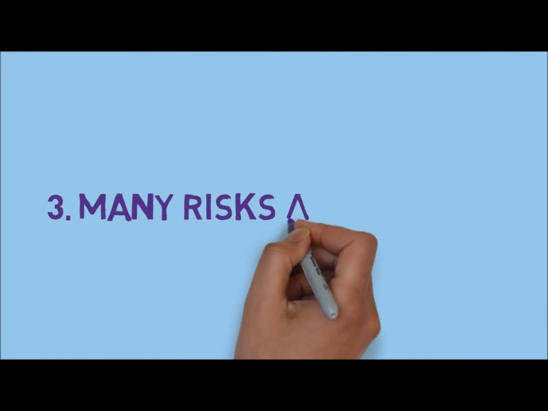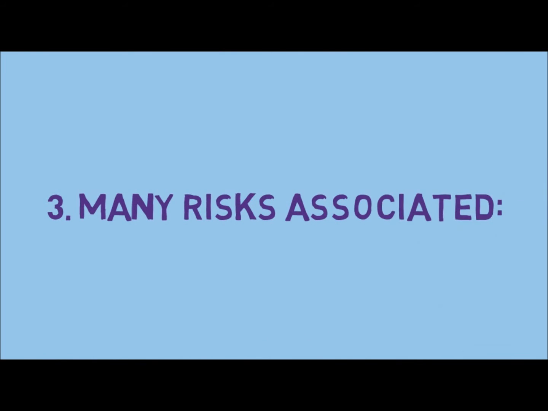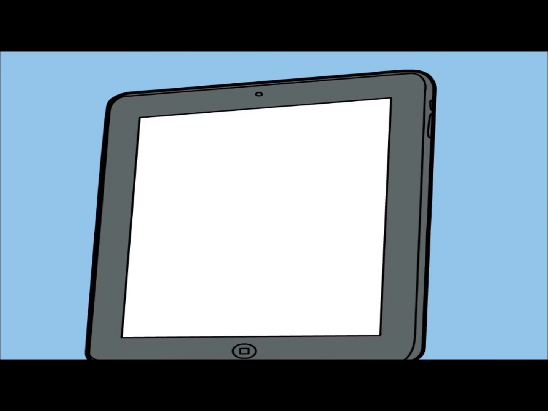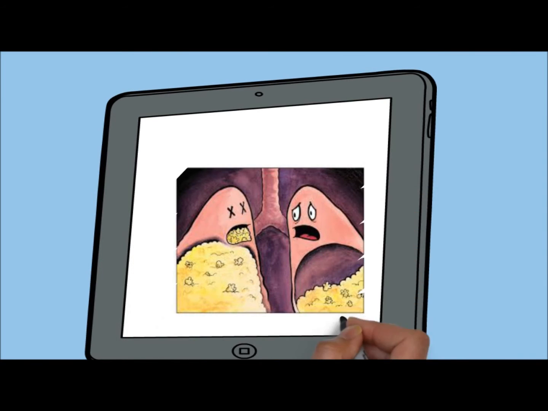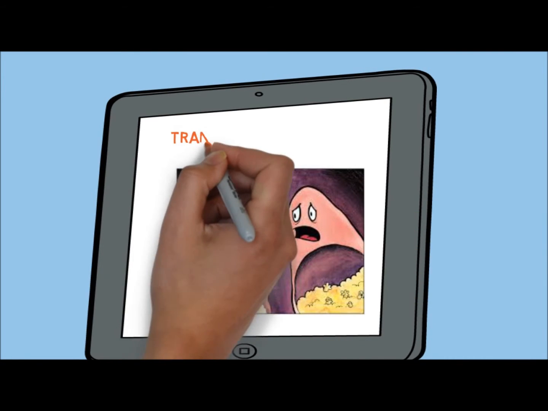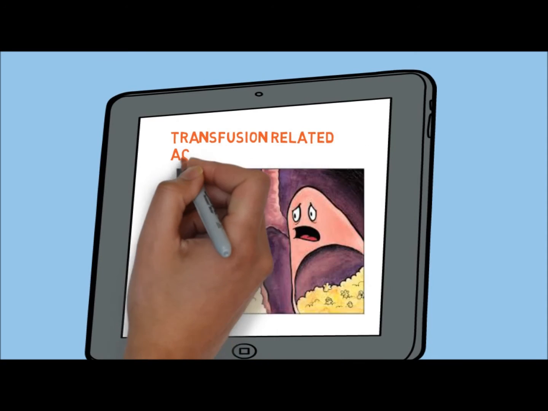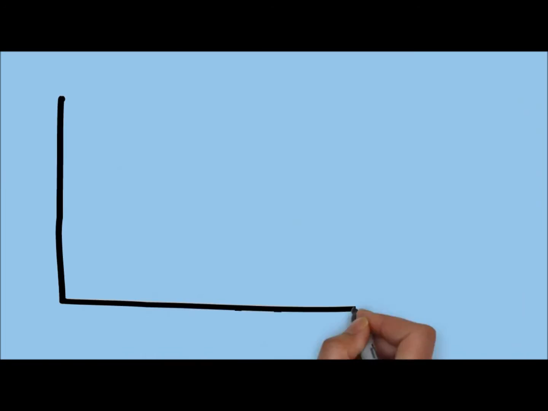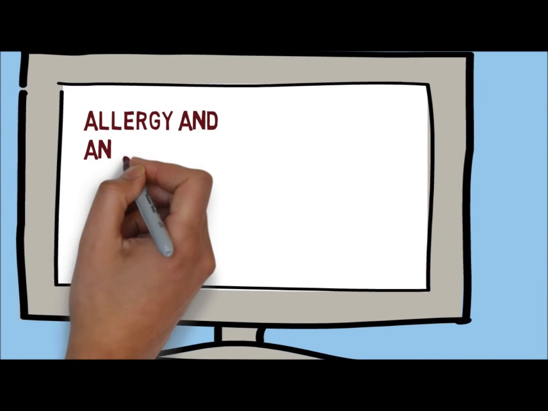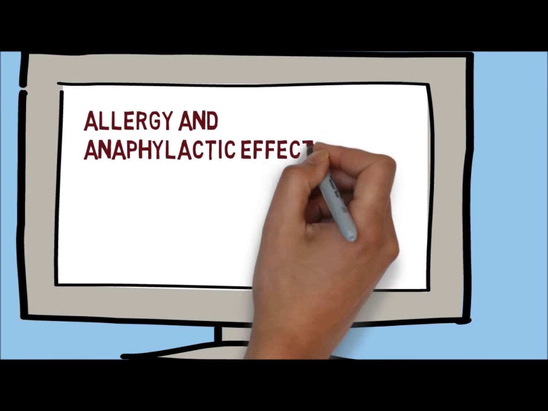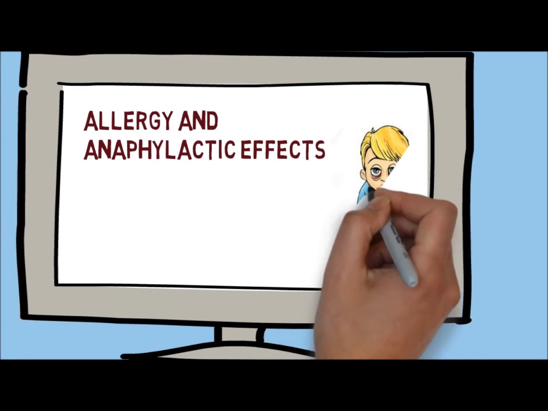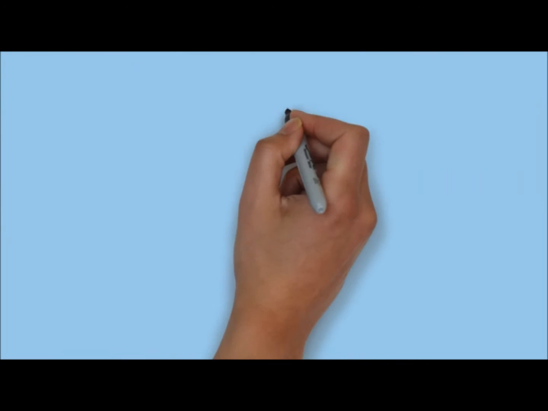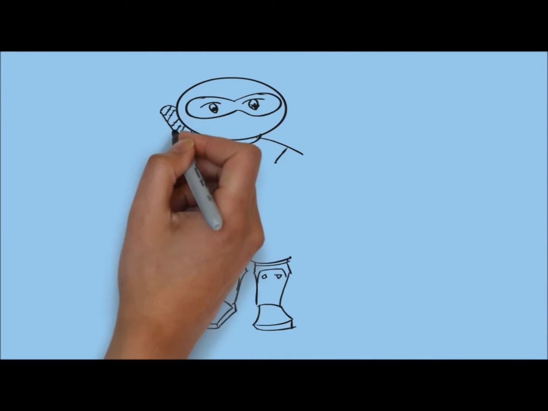The third one is that many risks are associated with the fresh frozen plasma transfusion, and some of them are transfusion related acute lung injury. The short form is TRALI. Coming to the others, allergies and anaphylactic effects. So these are some of the common effects of FFP transfusion.